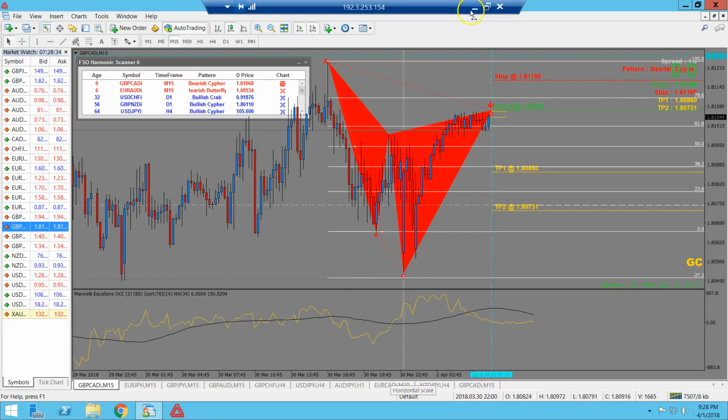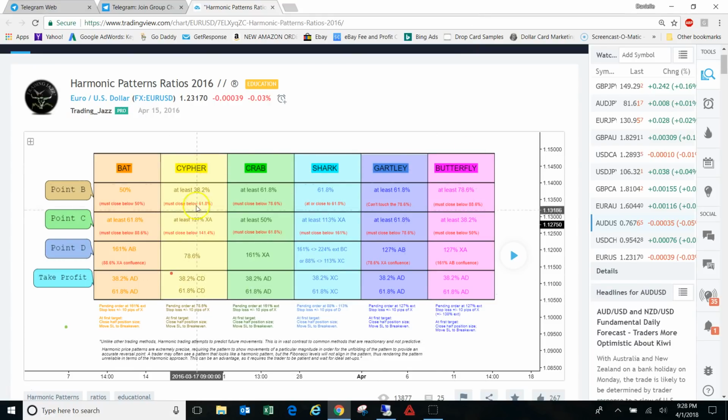So just hopping over here and looking at the ratios, the Fibonacci levels where these points should be, point D is going to be the most important one. This is going to tell you if the pattern may extend, if it's right at the point where it needs to be, and things like that.